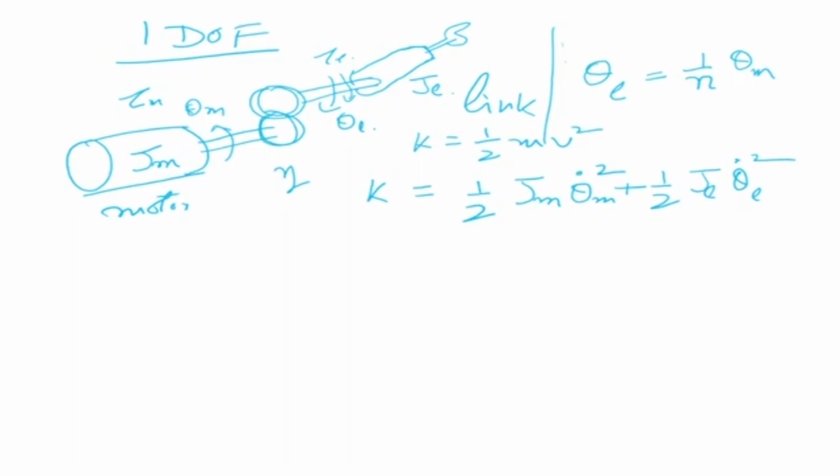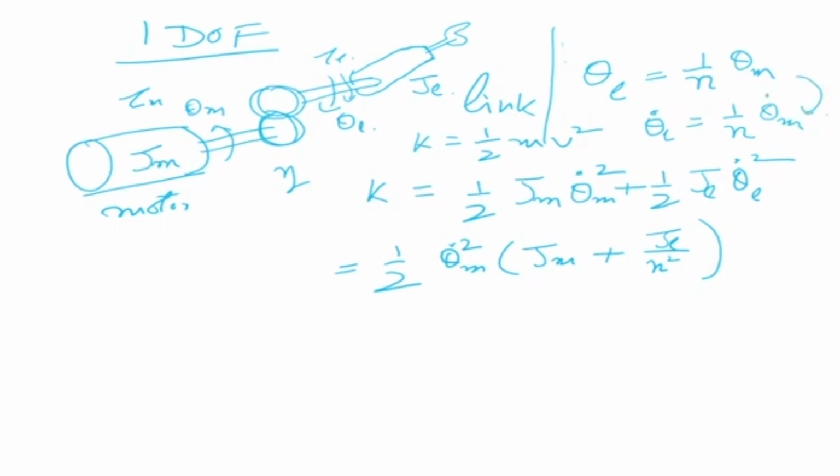Okay, so we have written our kinetic energy, which is equal to half, and we can take theta m dot squared outside, which is equal to J_m plus J_L by n squared. Okay, so J_m and J_L we can get from here. So theta L dot is equal to 1 by n theta m dot from this equation. Okay, so theta L dot squared is equal to 1 by n squared theta m dot squared. So from here I replace this here and I come here.